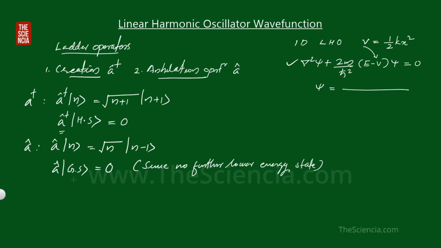Here I am representing this ground state as psi 0. That is, a psi 0 is equal to 0. And we know this annihilation operator, that is a, is equal to 1 by root of 2m h cross omega into (m omega x cap plus i p x cap), right?